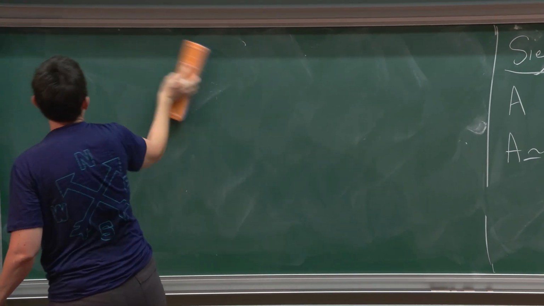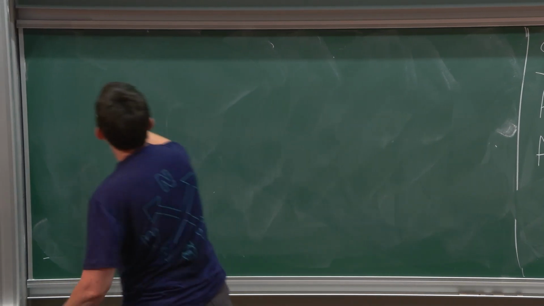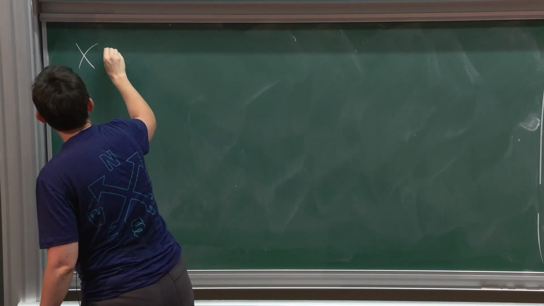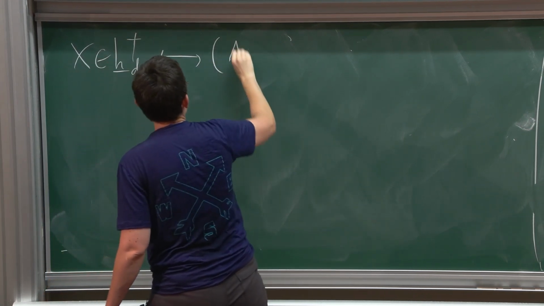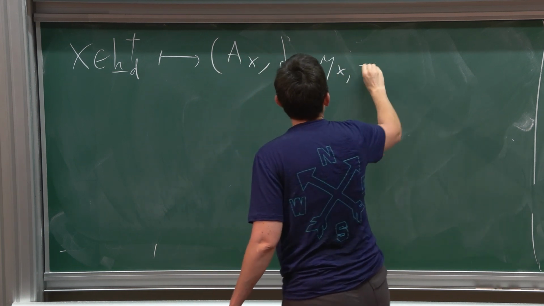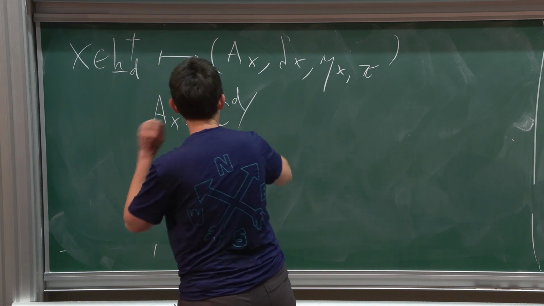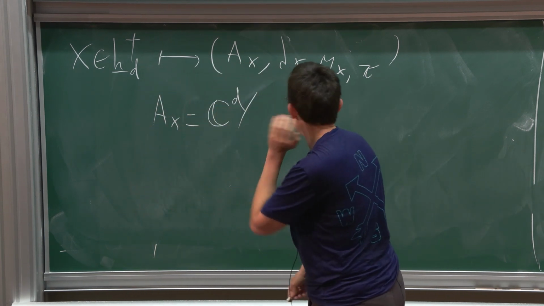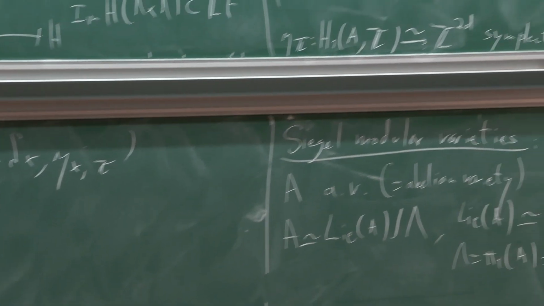And what is the map? If I have x in H_d^+, I send it to (A_x, lambda_x, eta_x). A_x is C^d divided by some lattice. Again, this is just generalizing the result for d equals 1.